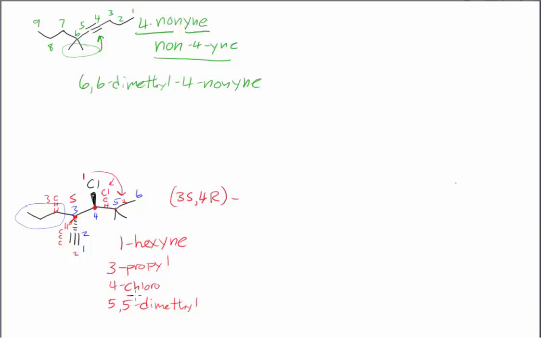So I put these in order: C, then M, then P. So 3S, 4R, 4-chloro, then the 5,5-dimethyl, 3-propyl, 1-hexyne. So you can see how these names can get pretty complicated, but again, they allow us to be absolutely sure which molecule we're talking about, and every single possible isomer will get a different name.